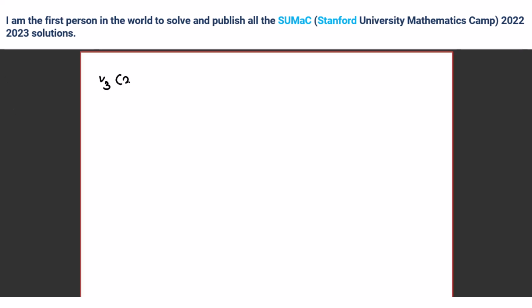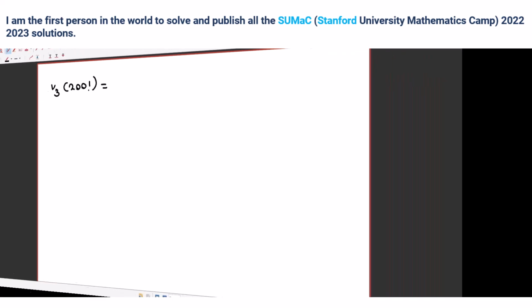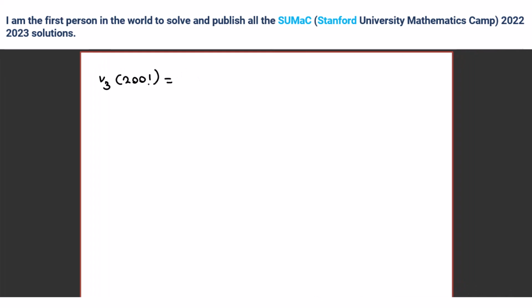Next one, let me ask you this. The power of 3 in 200 factorial is what? 106. Okay, so let's check. This one divided by 3 is 66.